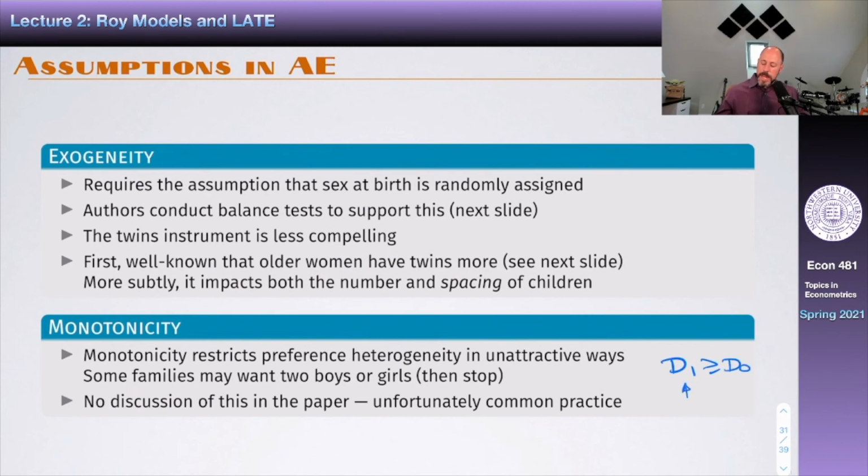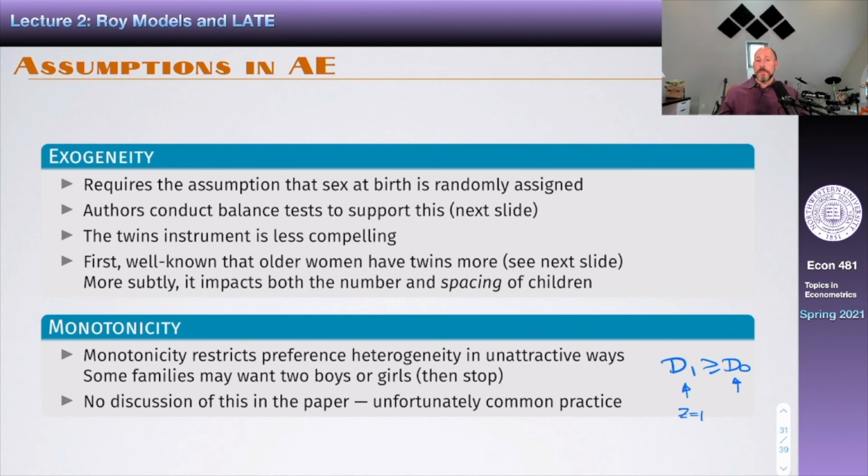If you had 2 kids of different sex and you decided to have a third one, you would have definitely had a third one if both kids were the same sex. So this is ruling out people that had a taste for having 2 boys or 2 girls.